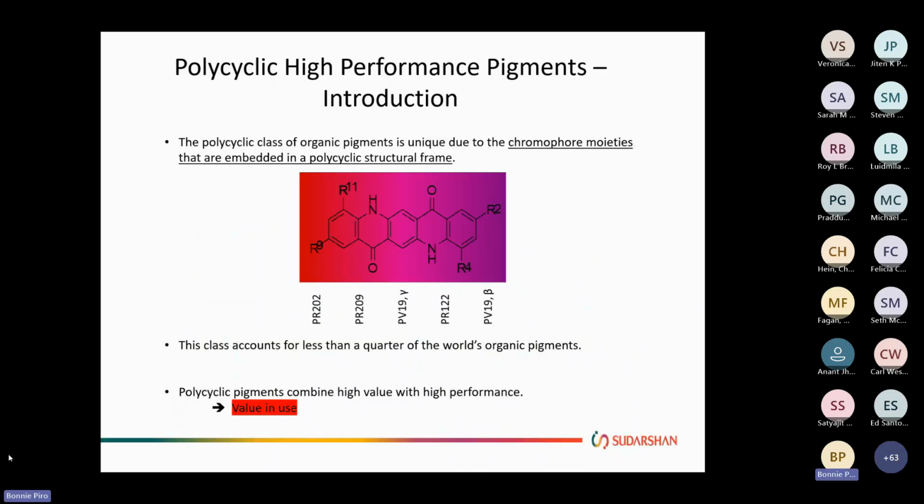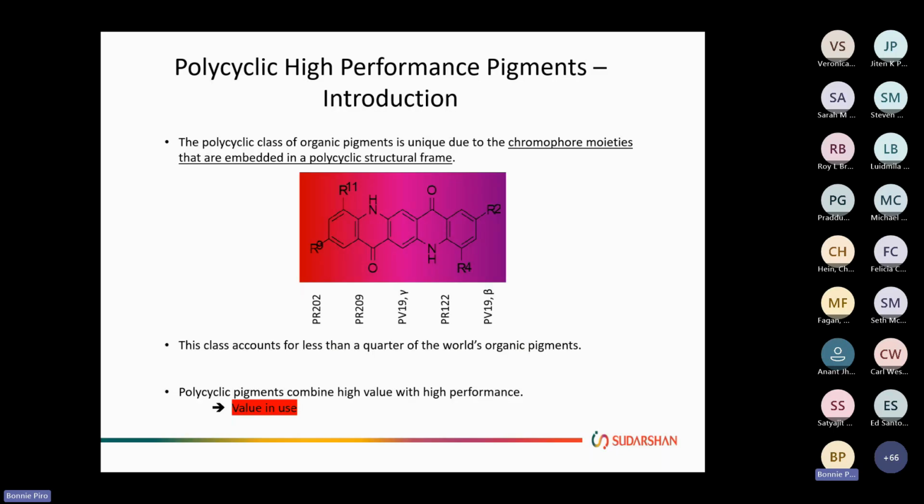As far as being part of the polycyclic class of pigments, these are unique in the fact that the chromophore is embedded in that structural frame. The total class of polycyclic pigments are on the smaller side.